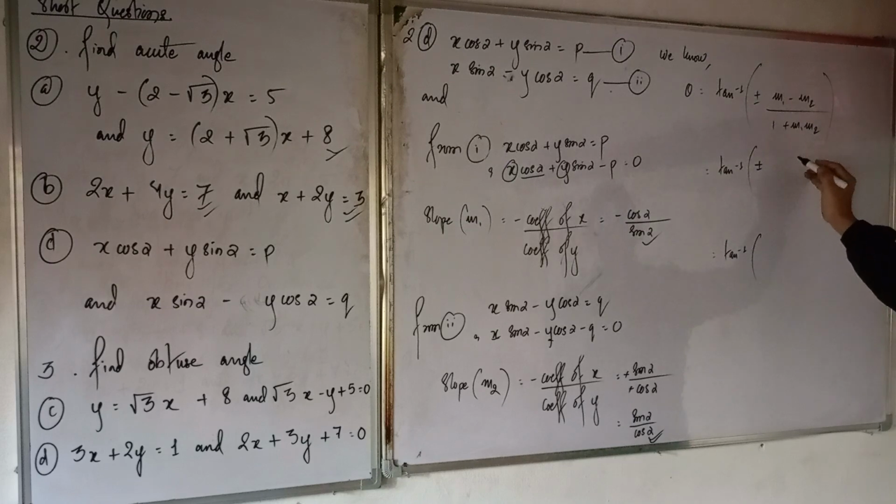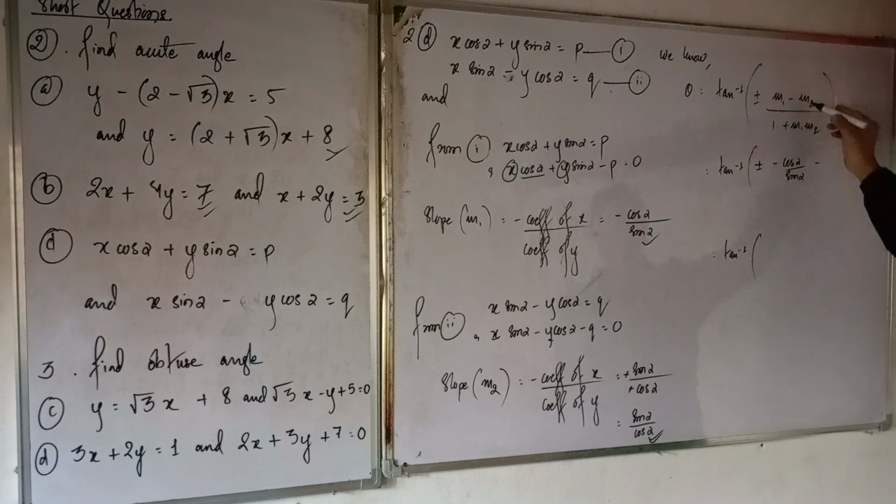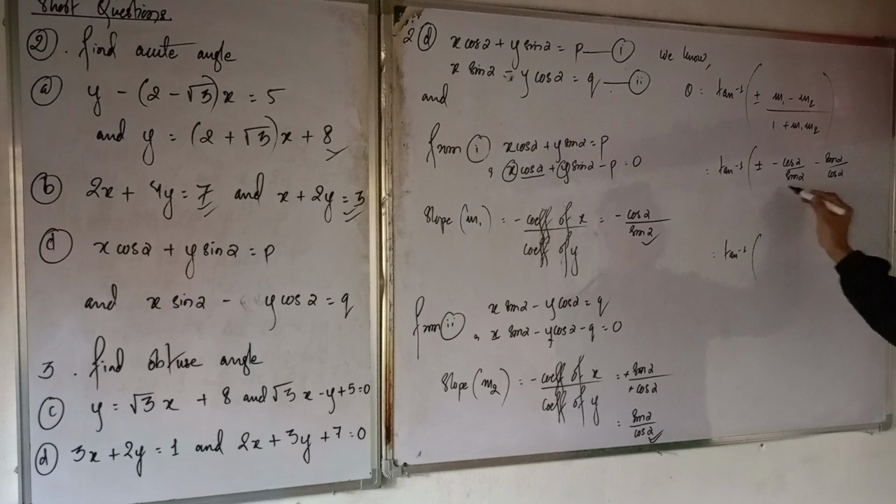So for m1 we have minus cos alpha divided by sin alpha, minus m2 we have sin alpha by cos alpha, divided by 1 plus m1 m2, with m1 minus cos alpha by sin alpha, and m2 sin alpha by cos alpha.